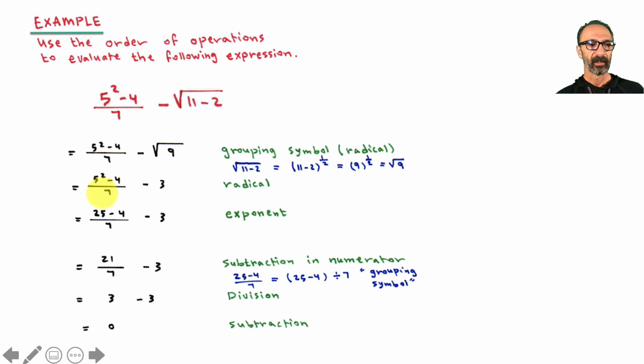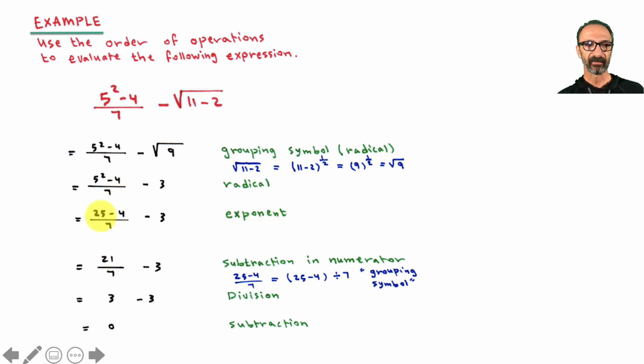Now, we took care of this as a 3. Now, to divide, you can't divide yet. You have to find what's on top and what's on the bottom. It has to be clear to divide. That's called grouping symbols too. Before that, to evaluate the numerator, there's a multiplication or exponent here, powers, and subtraction. So we take care of the power first, or the exponent.